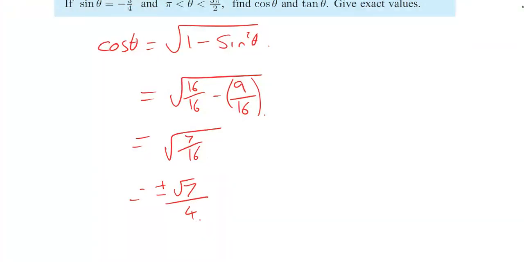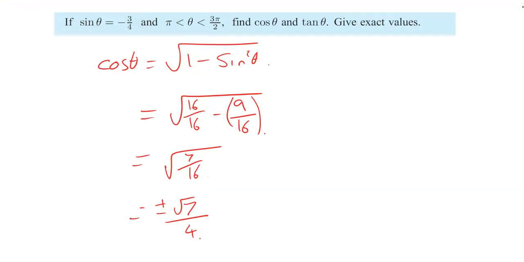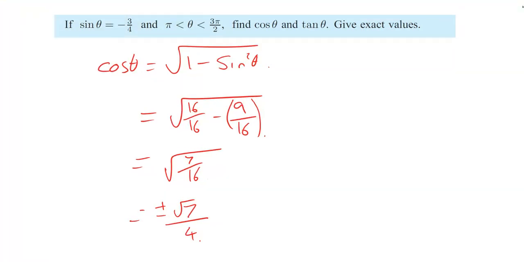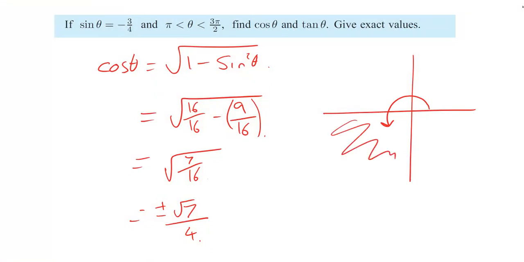Now, we have to think that one of these might not be quite right because we're given a boundary here. We are told that theta is between pi and 3 pi over 2. Now, let's think about that on our unit circle diagram here. So our angle is here somewhere, right, in this quadrant. Well, if we think about sine theta and cosine theta here, already we're given that sine is negative, and of course this is our sine value.